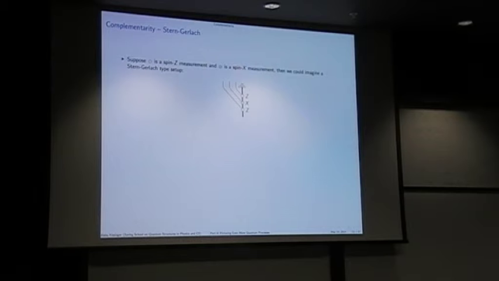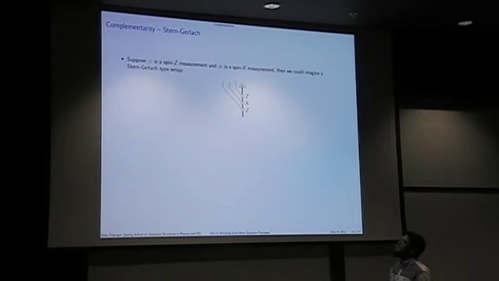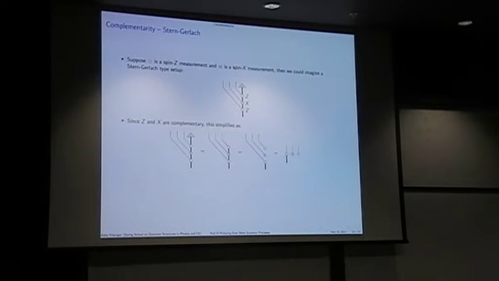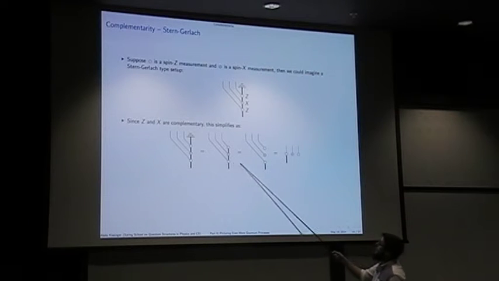And you can also see it in this kind of Stern-Gerlach type setup, where, say, there's a lot of variations you can imagine, but this one where I'm doing 3 measurements in a row, a z, an x, and a z. And then by complementarity, all of these intermediate bold parts are just going to fall away, you see?